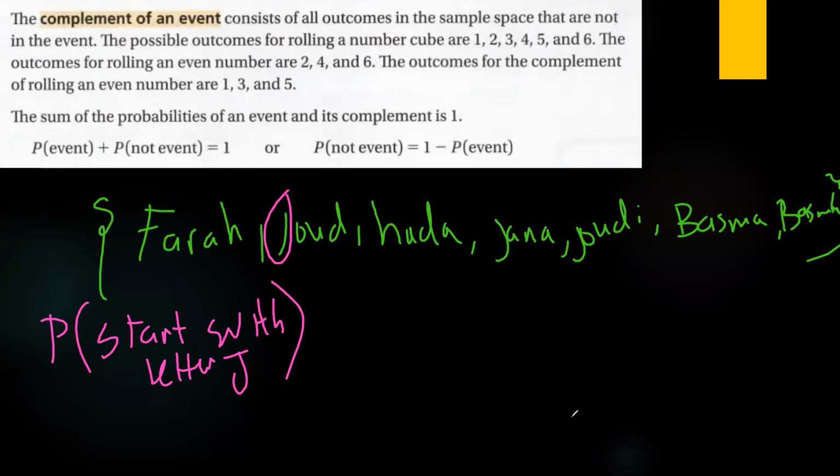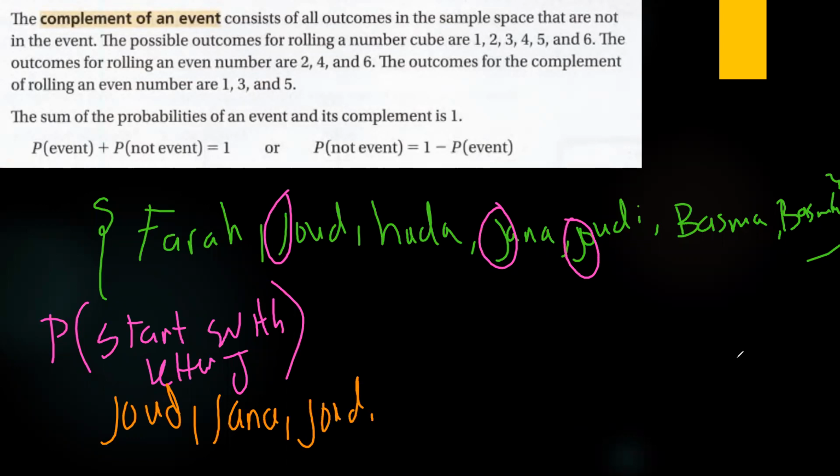Jude, Jana, or Judy? Exactly. So 3 girls. The event here is Jude, Jana, and Judy. These are the 3 girls. Now I took them out of the class.